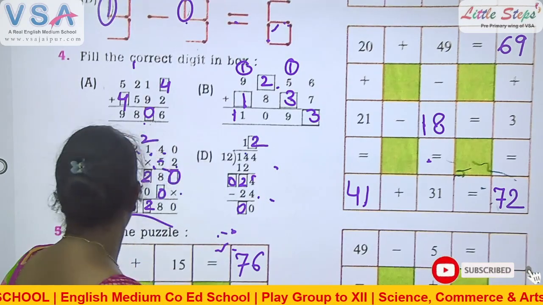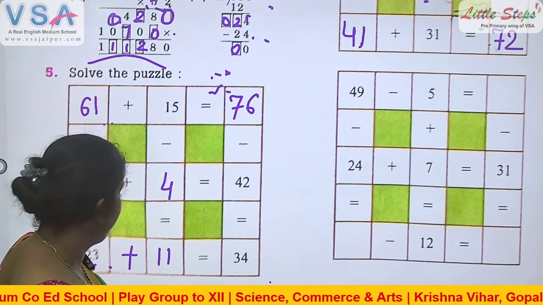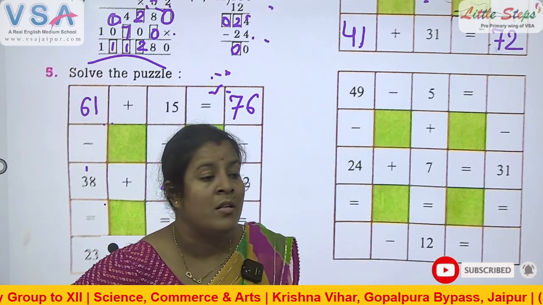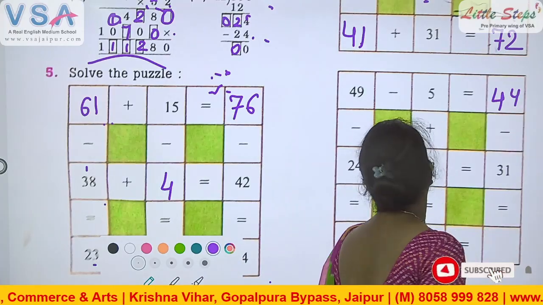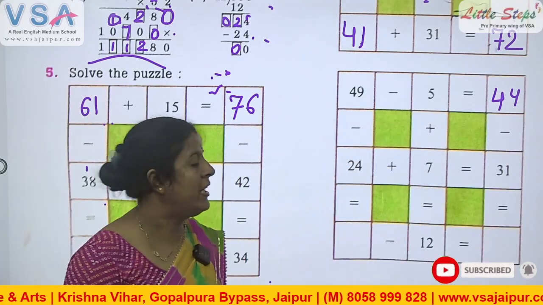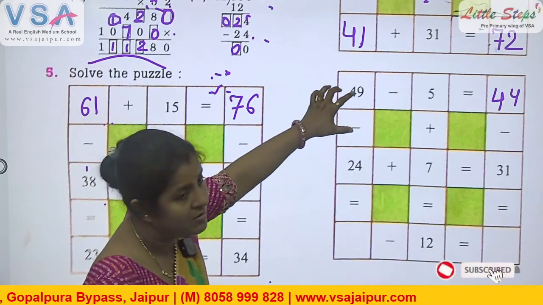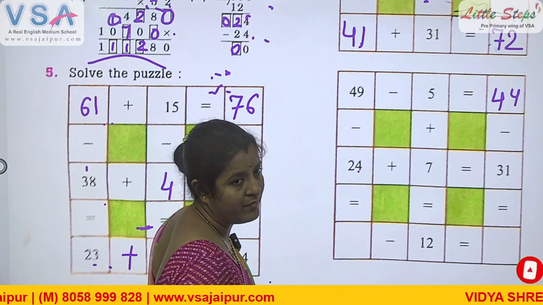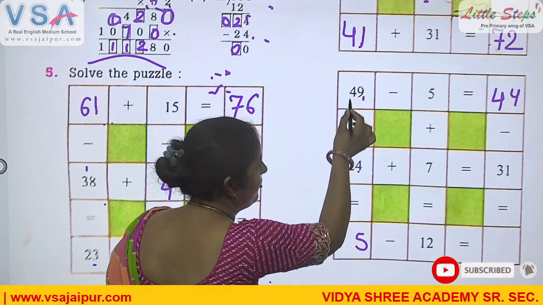Okay, then the next question is 49 minus 5. Which number? Yes, dear? 44. 49 minus 24 equal. Yes, look at 9 minus 4 and 4 minus 2.